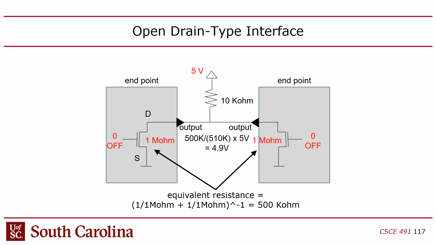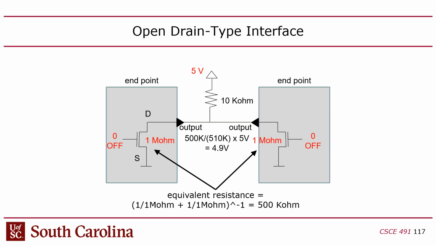And even if they're not driving, even if they're not pulling down, they have a 1 mega ohm resistance, but there's a whole bunch of them in parallel, right? So the equivalent resistance from the wire down to ground starts to shrink the more of these things I put on the bus. So in this case, the equivalent resistance is 1 over 1 mega ohm plus 1 over 1 mega ohm, and then you take the inverse of that, which is 500 kiloohms, which is still quite a bit compared to 10 kiloohms.